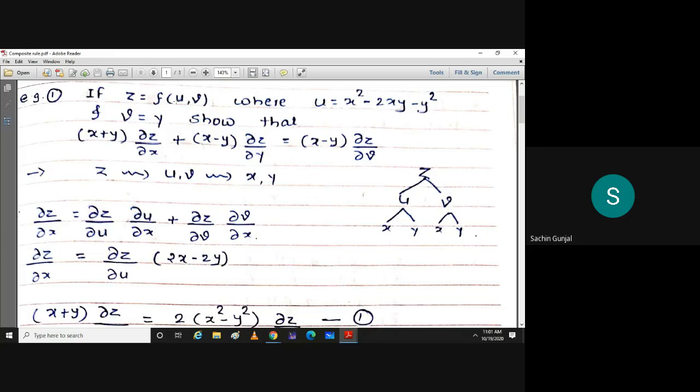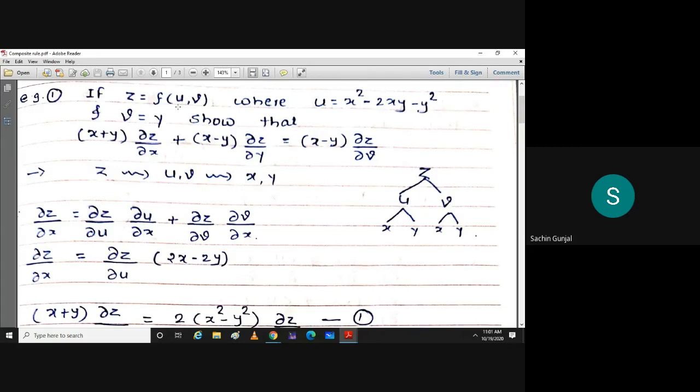It is a general function of u and v. So you are going to keep this term ∂z/∂u as it is, as you don't know z. What is that function? Is this clear?